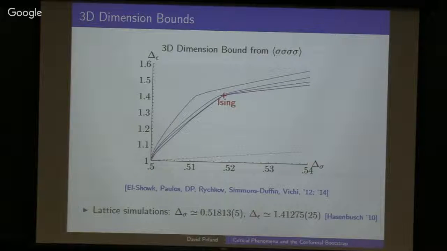And in fact, these numbers, 0.518, 1.41, sit right in this kink. So somehow, and remember, in this Bootstrap equation, we said nothing about what theory we're talking about. We're just writing down equations which are true in general CFTs. And yet somehow this completely general equation knows about the existence of a 3D Ising model. And moreover, it sits right on the boundary of the allowed region and in some funny corner.